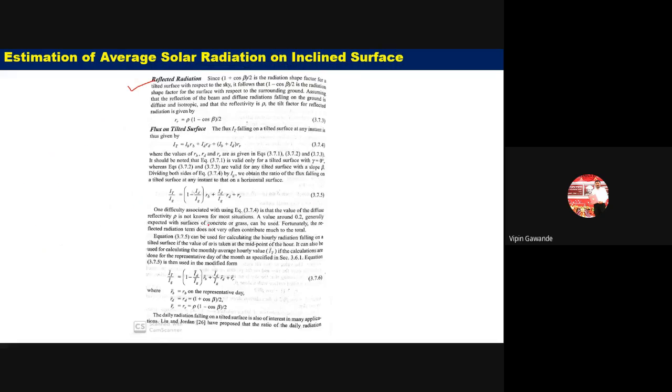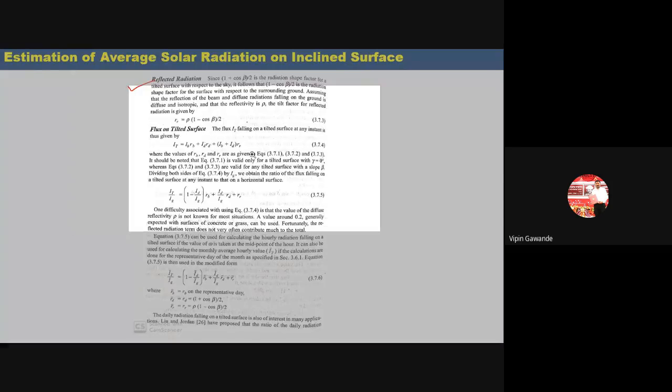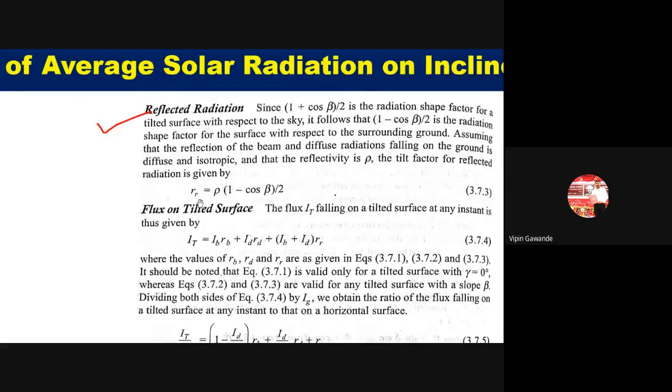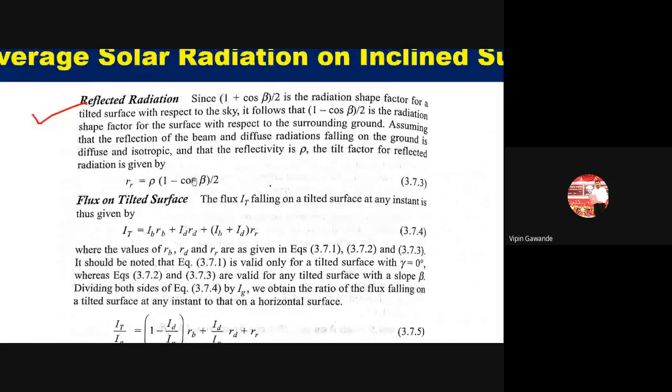Then for reflected radiation, we have to calculate this value: RR is equal to rho times (1 minus cos beta) divided by 2.